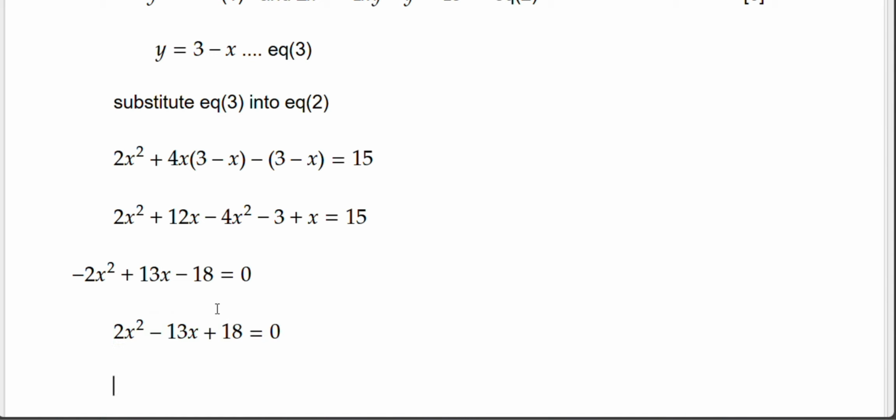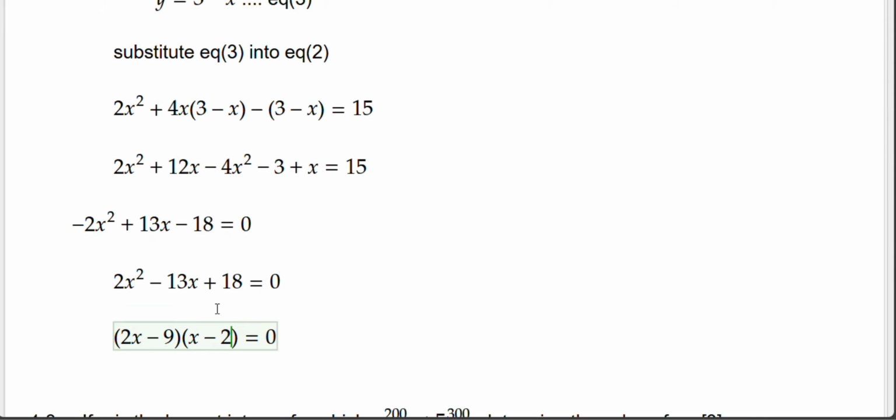So now I need to factorize. To factorize, this one is going to be 2x on this side, and then here it's going to be negative and negative. So here is going to be negative 9. Here is going to be 2.